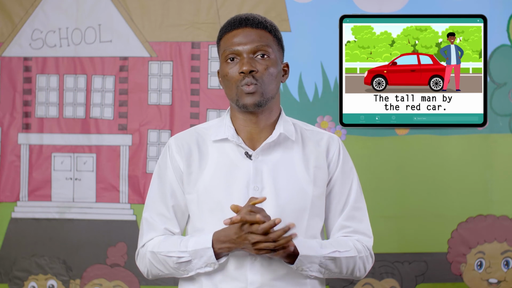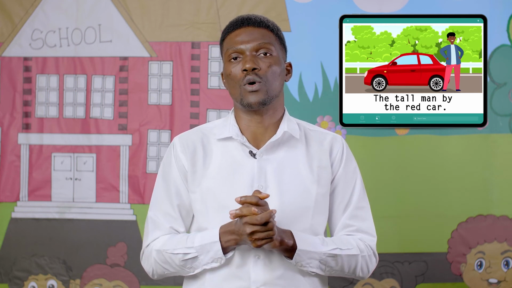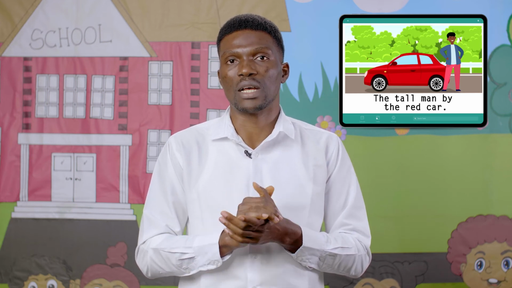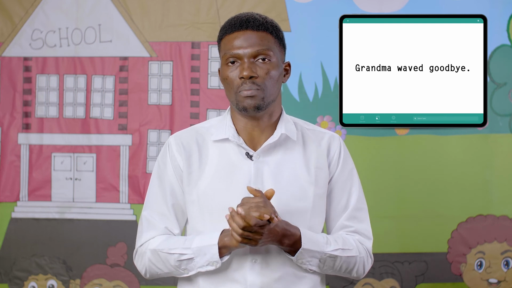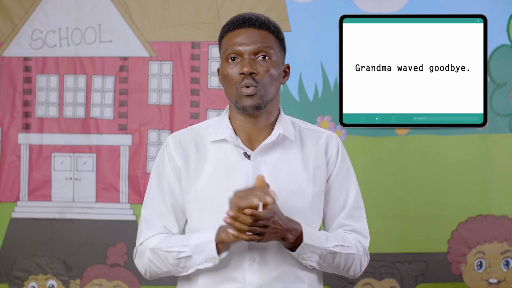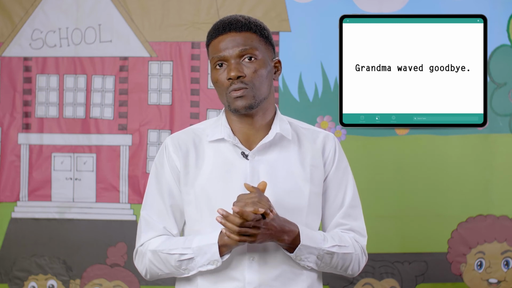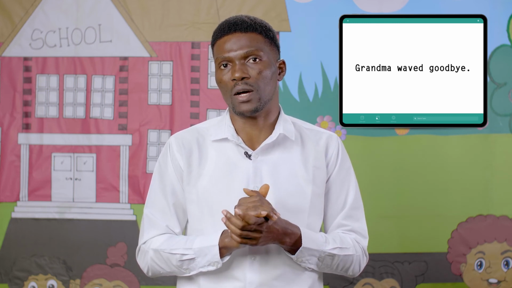So I want to give you one last example before we call it a wrap. So I'll give you a sentence. Grandma waved goodbye. What are you going to do with grandma?